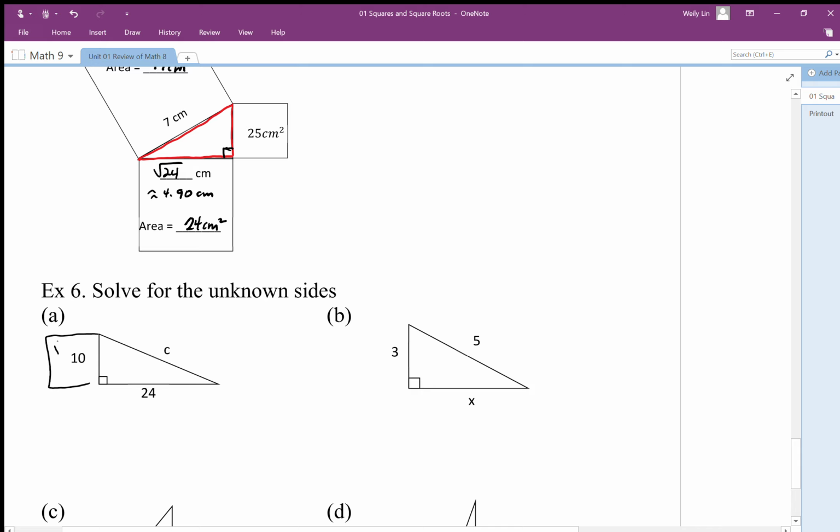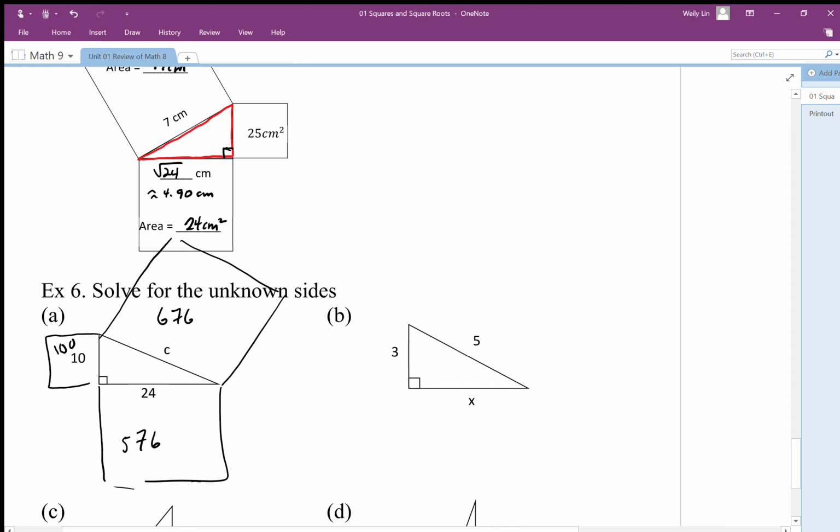So I'm going to take this 100 squares here, and I'm going to square 24, and that's going to give me 576 squares, and the c square must be the sum of those two, so I get 676 squares here.